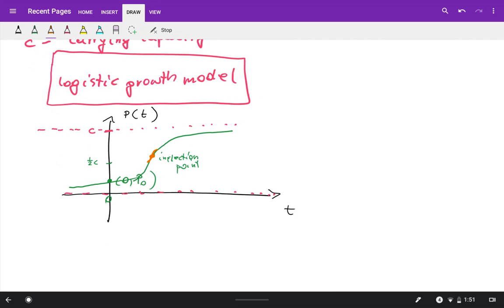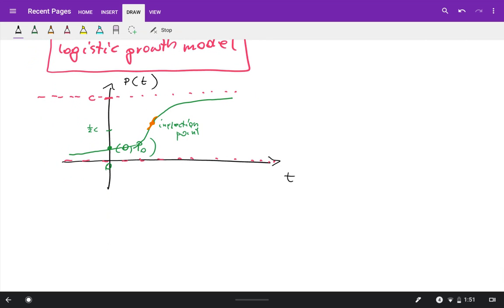Okay, and we actually find that inflection point a lot in calculus. So let me just quickly write this down. Inflection point. And what is important is that the inflection point is at half of carrying capacity. Okay, so right here.